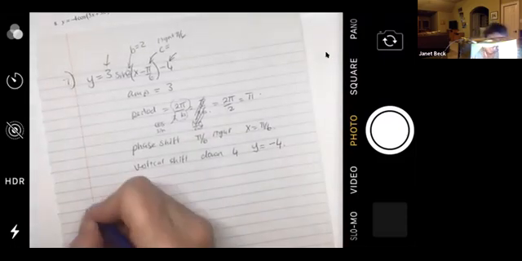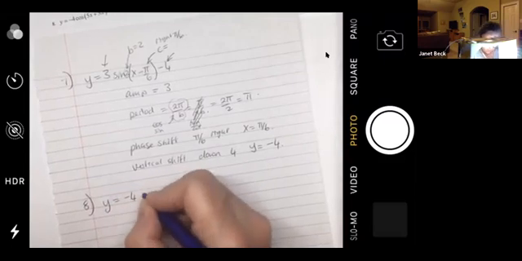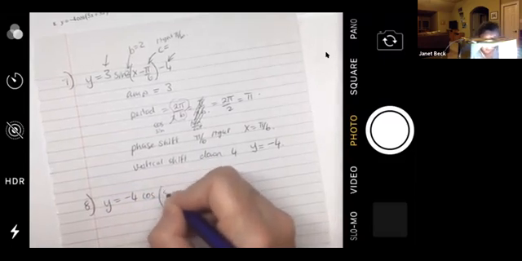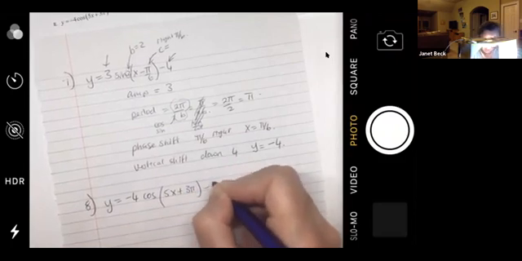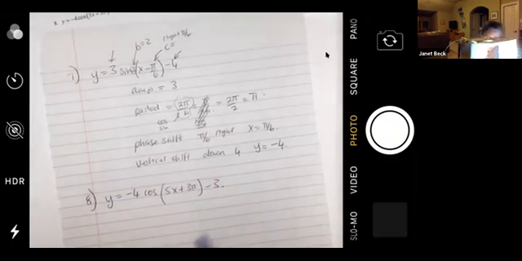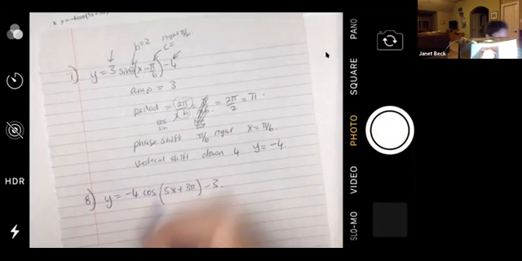That was number 7. Let's have a look at number 8. Y equals negative 4 cosine of 5x plus 3 pi minus 3. Before you can do anything, there is a value of b and a value of c. You must factor out that 5.